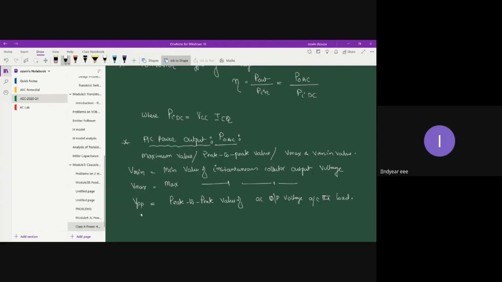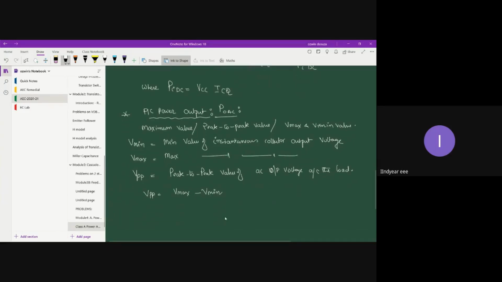Don't have to worry about it. Now, what is peak to peak? Peak to peak voltage is nothing but the difference of the maximum value and the minimum value, right? Vmax minus Vmin.